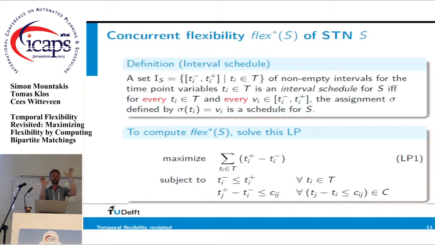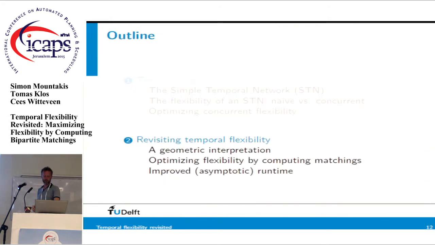If you do that, then you know that whatever value you pick from these intervals, you cannot exceed this value c that's given in the constraint. So that was the solution. Now in this current paper, we're revisiting this.